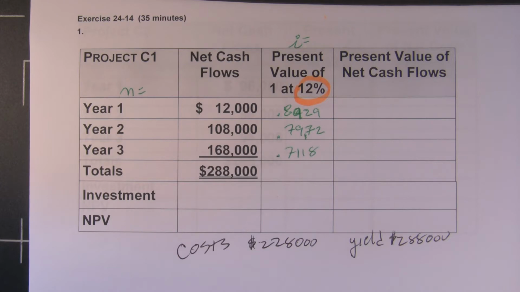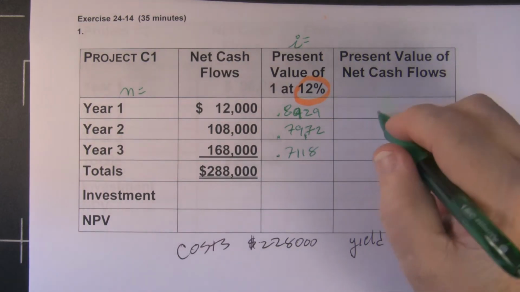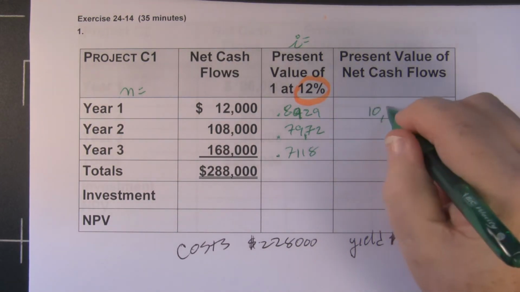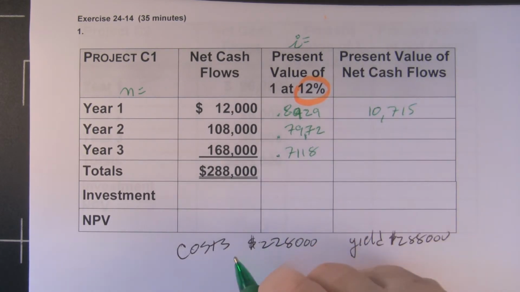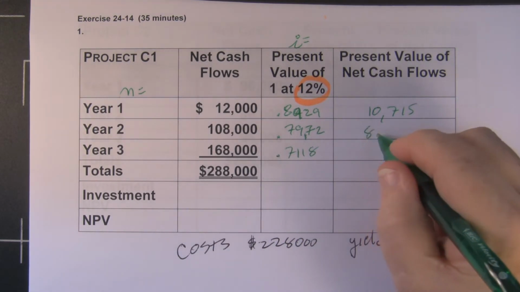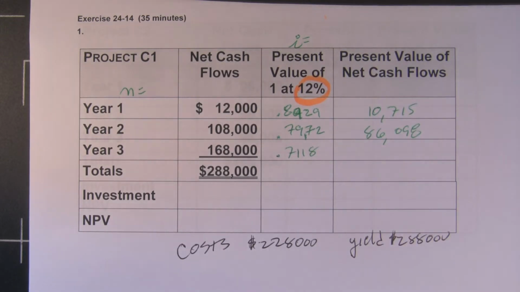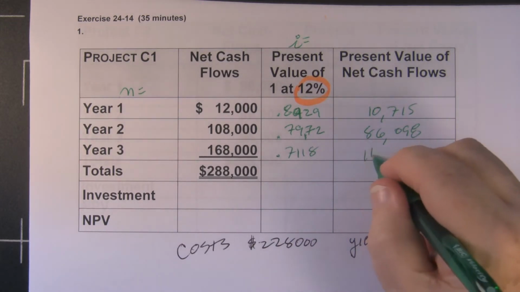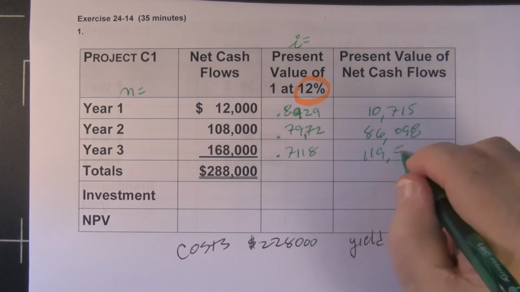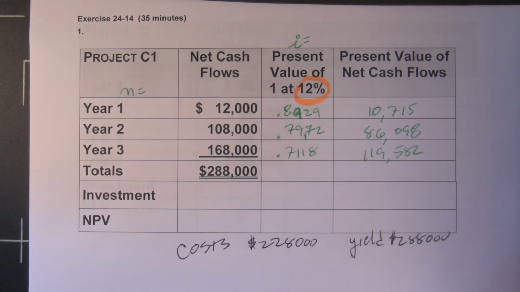Now, let's take a look. Multiply this out, we come up with 10,715 for year 1, 86,098 for year 2, 119,582 for year 3.